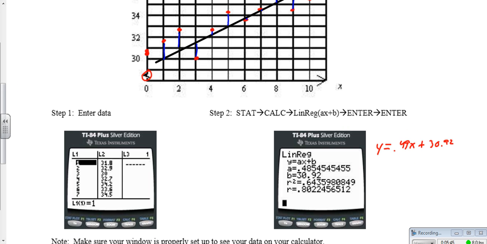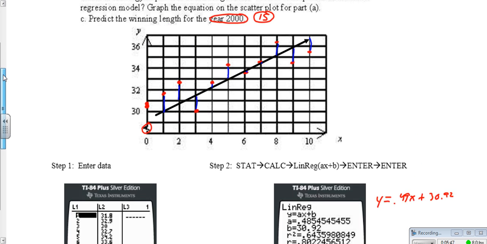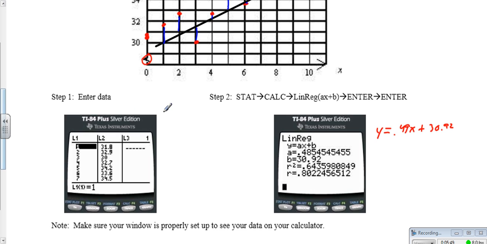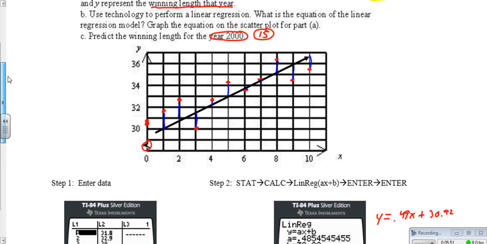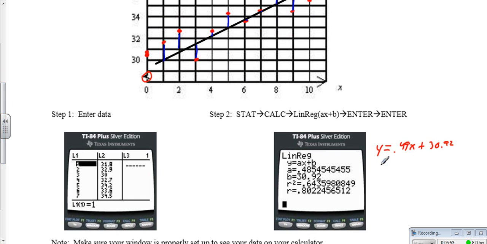Now it says to calculate the year 2000. 2000 is 15 years past the year 1985, so you'd plug in 15.